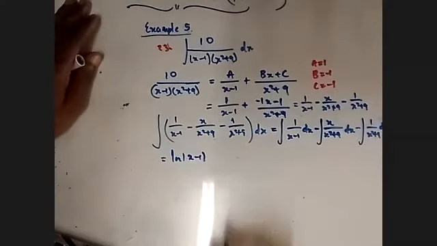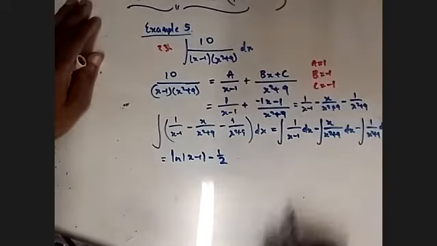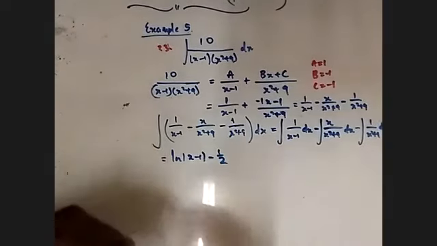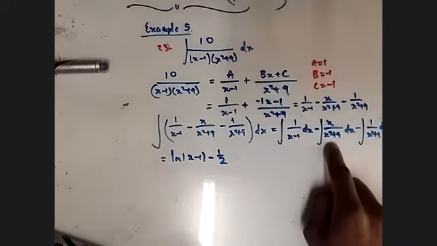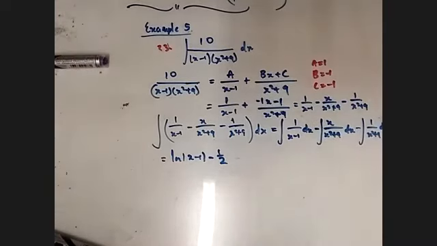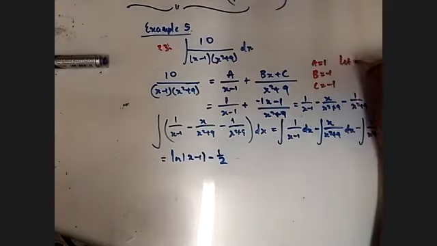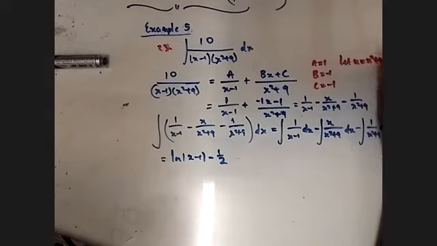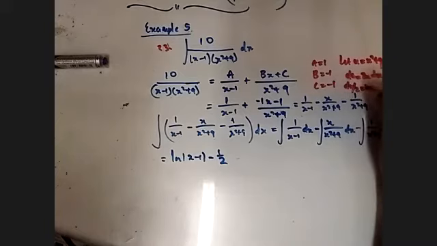Then for the second part, we're going to have 1/2. Now I'm doing this using my head, guys, because I know that here we cannot use ln properties yet. We have to let u equal x squared plus 9. Our du is equal to 2x dx. Then du over 2 is equal to x dx.